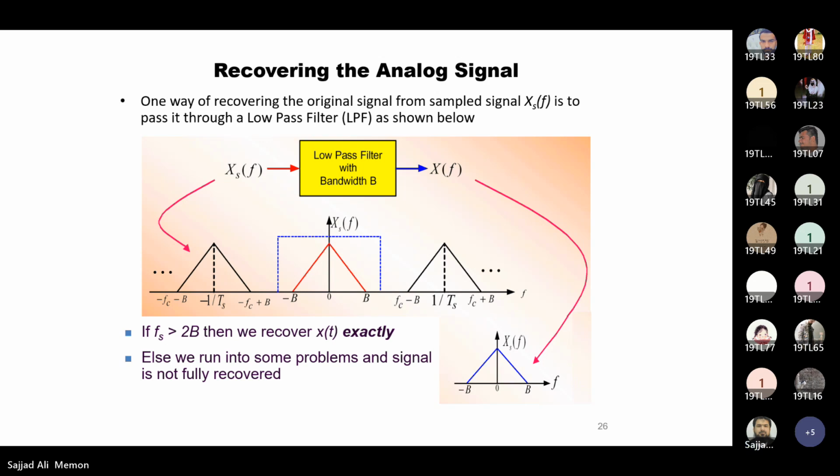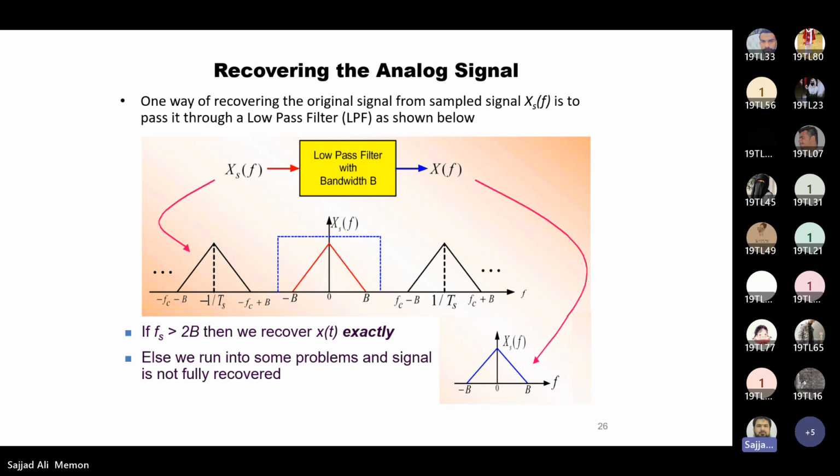Okay, so I'm saying that when we start doing sampling, I told you that the sampling frequency should be greater than twice the bandwidth. That means oversampling. We should do oversampling to avoid problems at the receiving end.